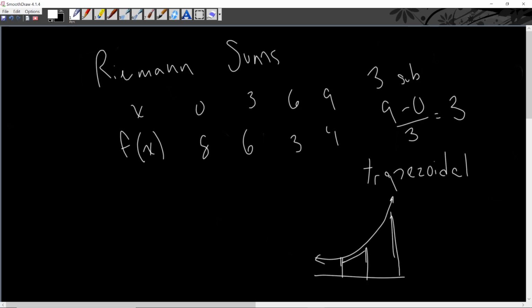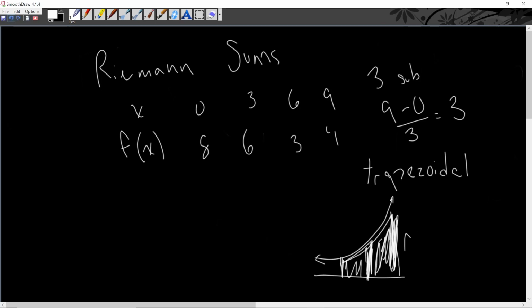If we draw a trapezoid between these values, we actually get a much better idea of what's happening under the curve. Obviously, trapezoids aren't curves, so trapezoidal sums are also not perfect, but we simply add the height over here.